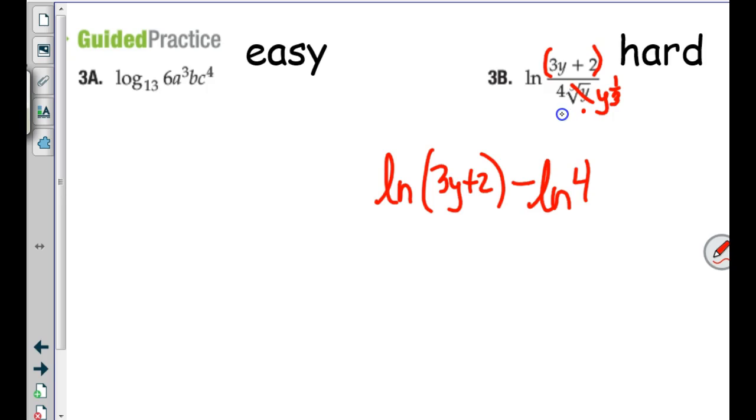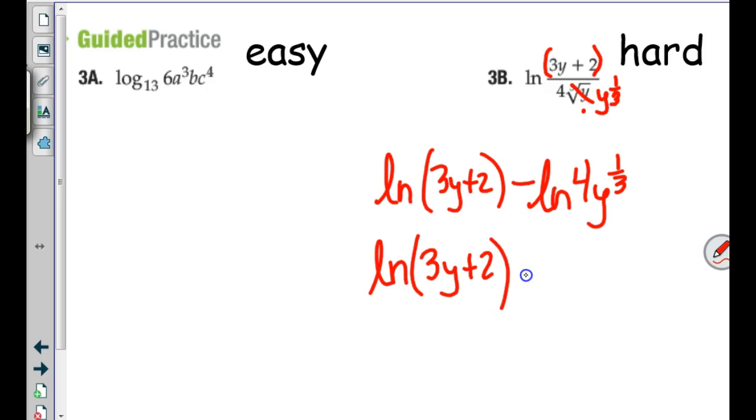Anybody? Okay? But that's not going to be completely expanded. Yes, but it's not on the 4. We need to separate it from the 4.